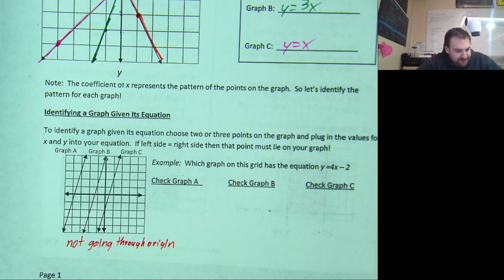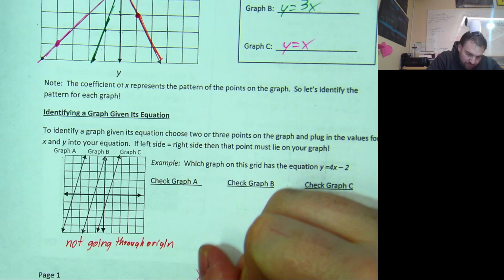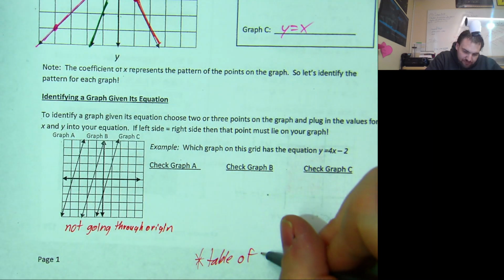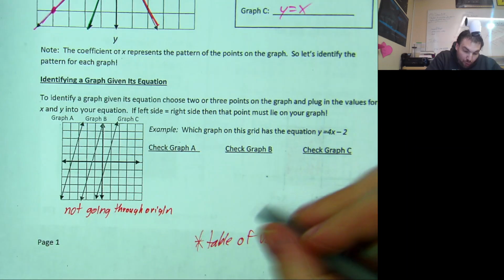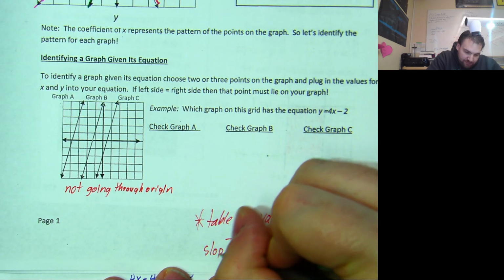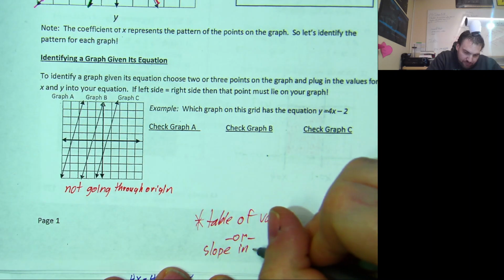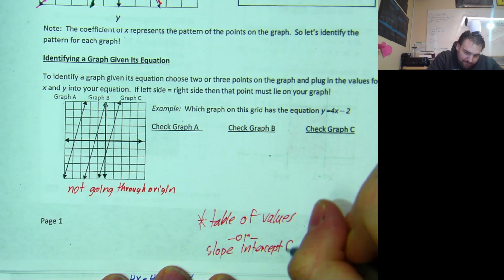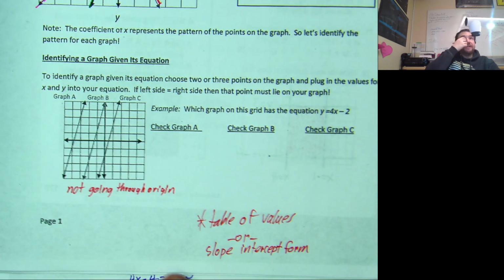So what is that going to give us? Again, there are 2 ways you can do this. The 2 ways are to make a table of values, or slope-intercept. I'll do it both ways.